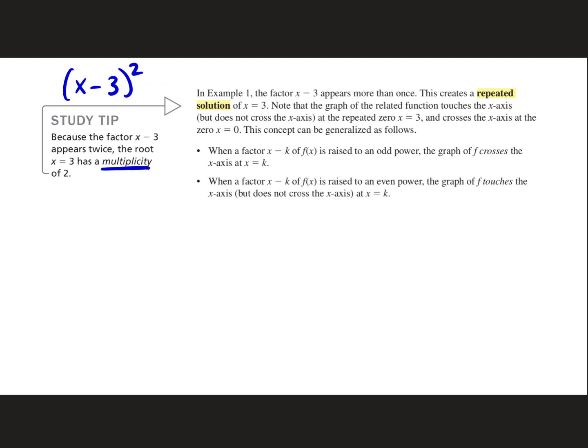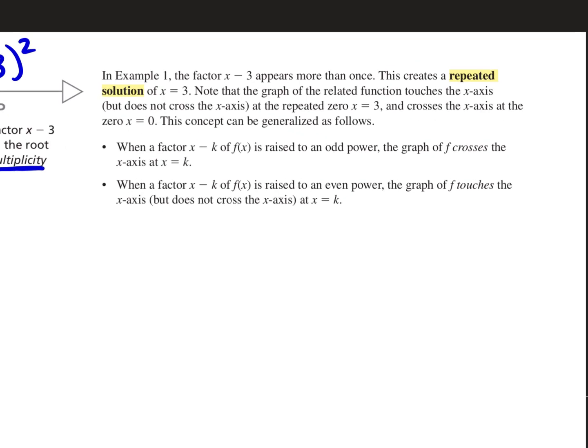Note that the graph of this related function touches the x-axis but does not cross the x-axis. So I'll pull up a graph of that equation in a second. At the repeated 0 of x is equal to 3. And it crosses at the x-axis at the 0 of x is equal to 0. So we can summarize that.